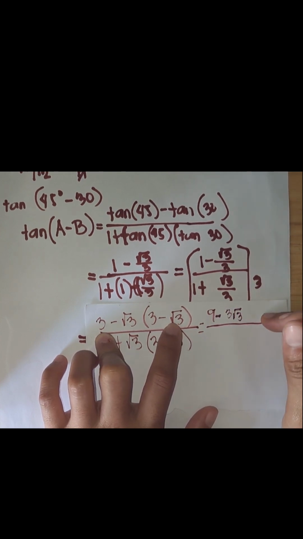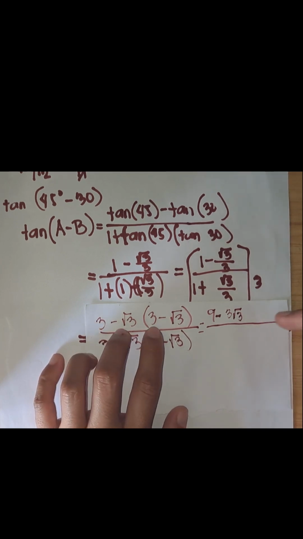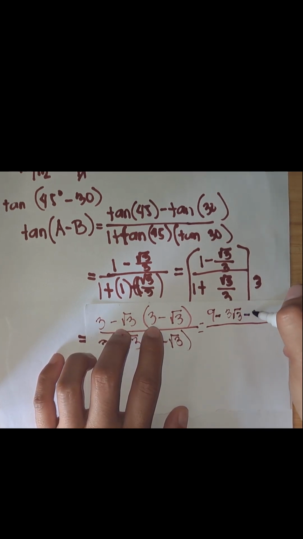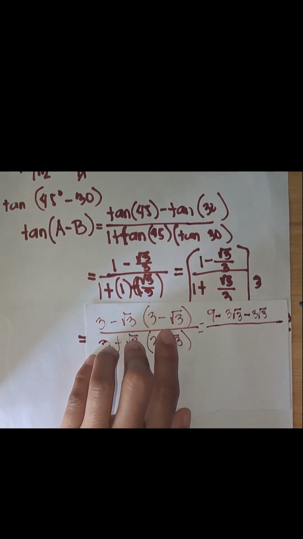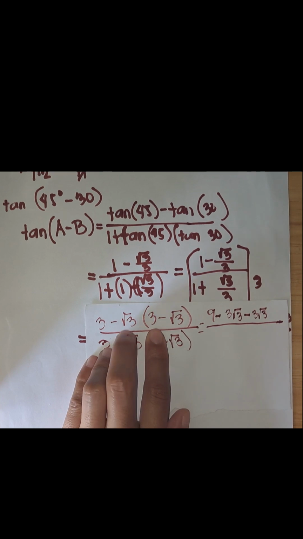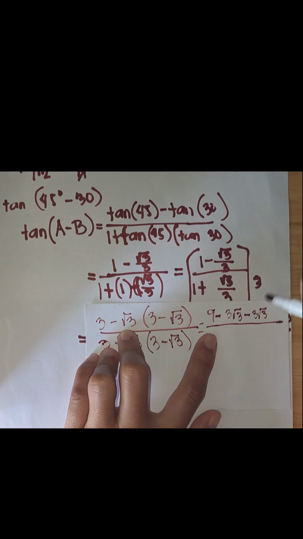The next one is negative root 3 times 3, so we have negative 3 root 3. And the last one is negative root 3 times negative root 3, so we have a positive 3.